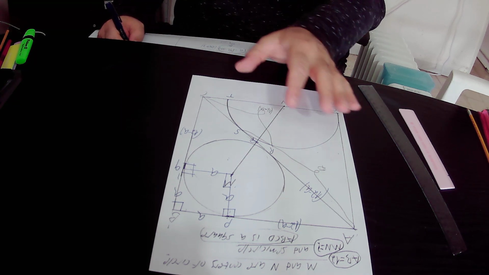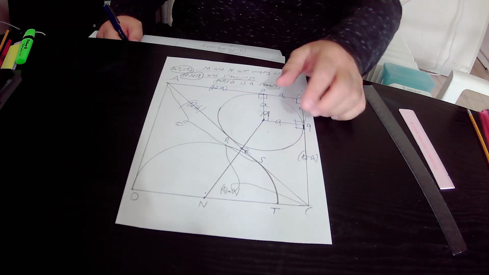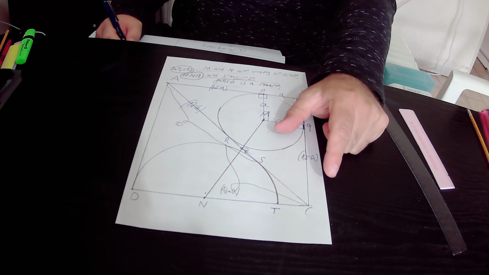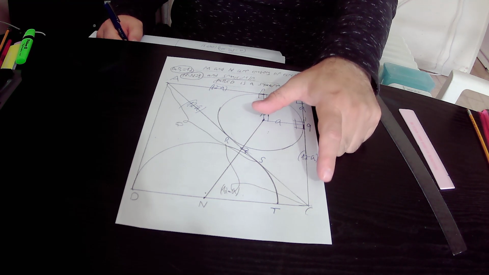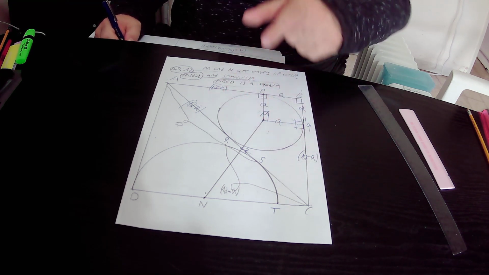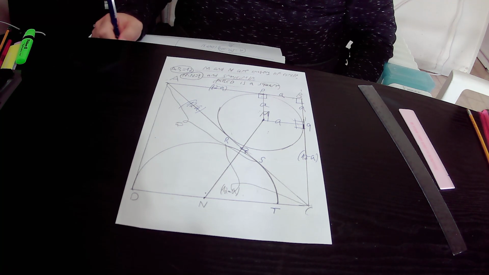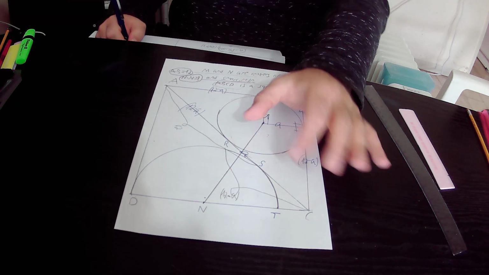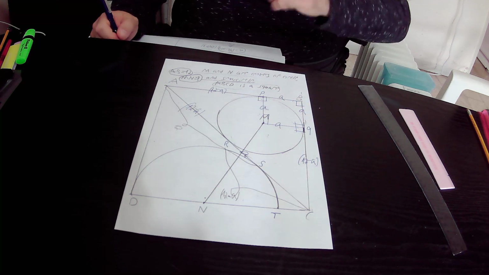It is very easy to see from the drawing that the value of line segment SC equals RC minus RS. RC minus RS equals SC.